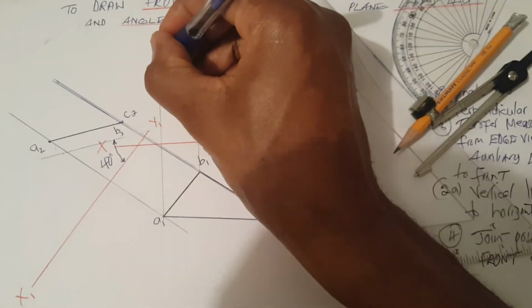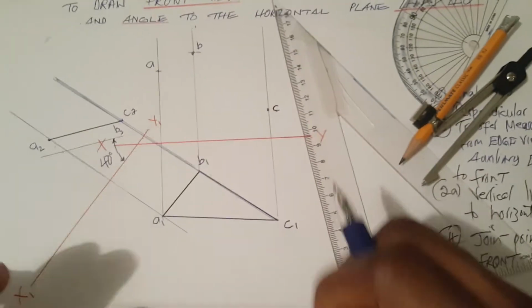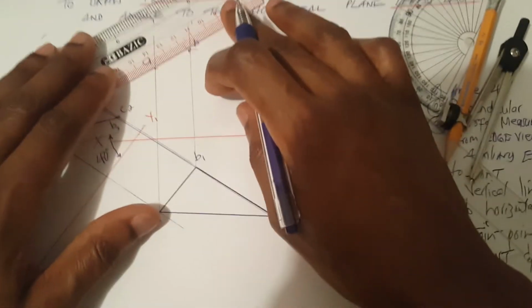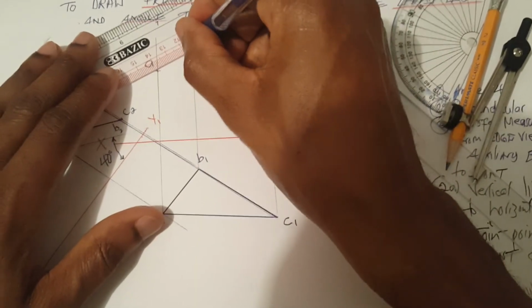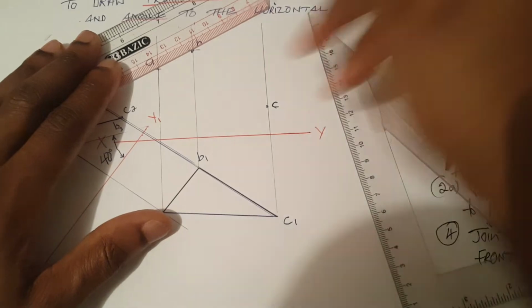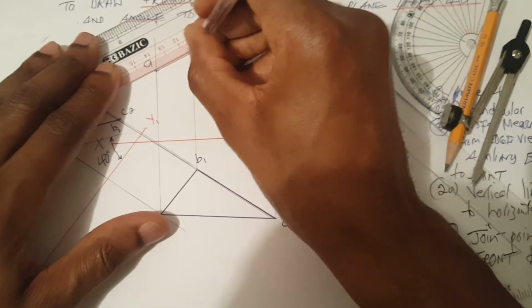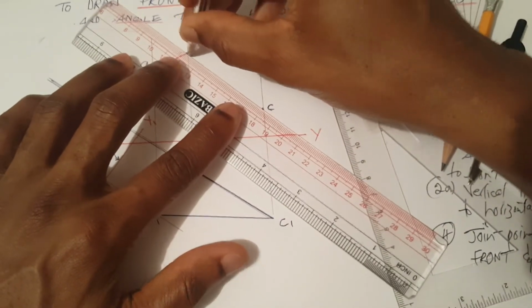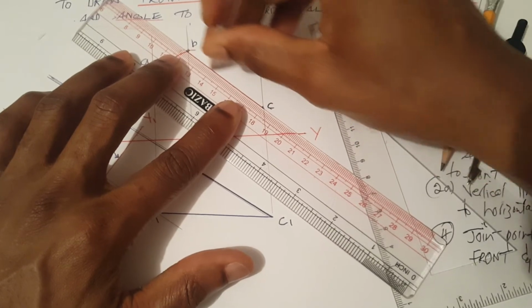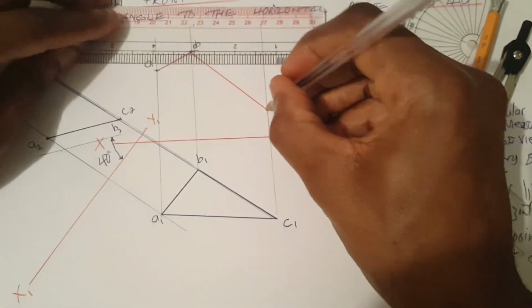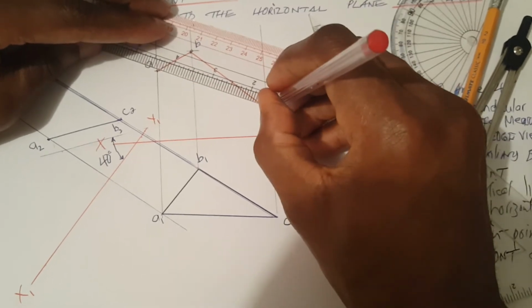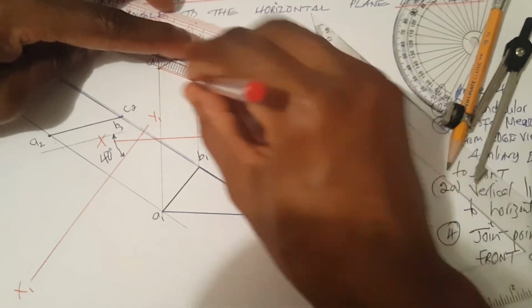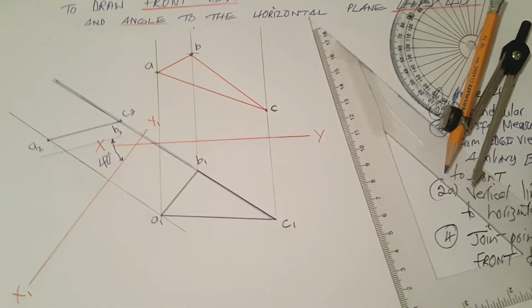Then join A to B to C. A to B. B to C. And C back to A. And that's it.